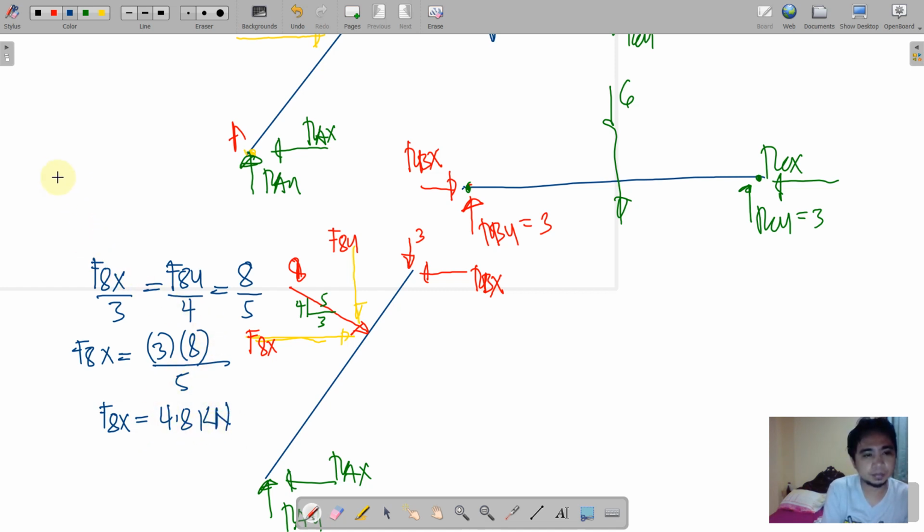Okay, so similarly, F8Y, itong 4 will just cross multiply to 8. So 8 times 4 all over 5. So 8 times 4 divided by 5 is 6.4 kilonewtons. Okay, 6.4 kilonewton.